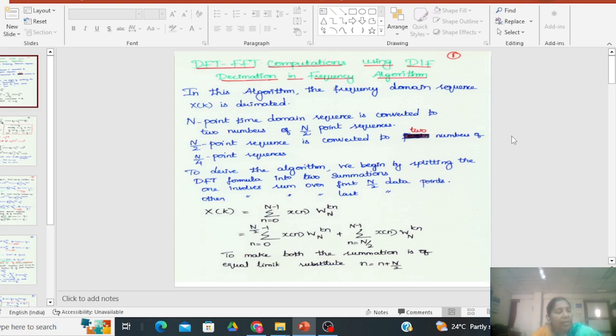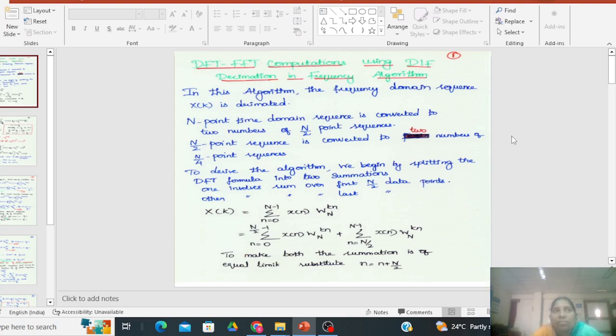Example, let us consider N equal to 8. Today's class we are going to study the DFT FFT computation using the decimation in frequency algorithm.